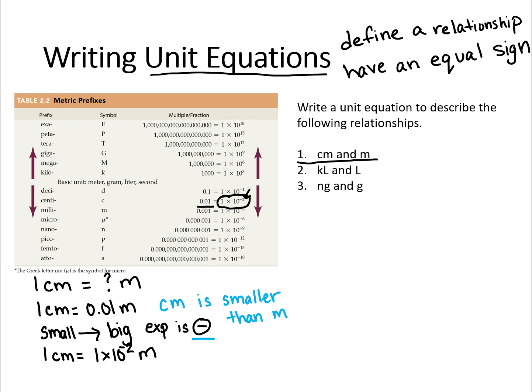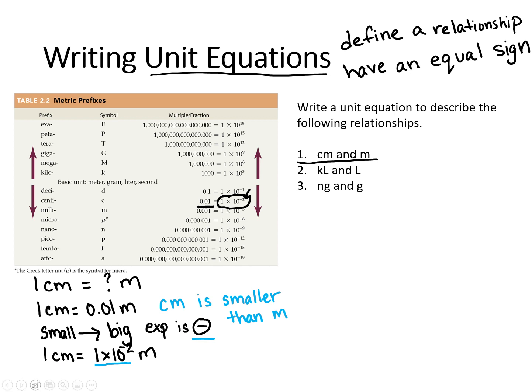It's the same thing with going from a small unit, like saying I have 1 centimeter. How many meters do I have? I'm going from 1 to a number that's less than 1 because I've got a bigger unit. So we're going to say 1 centimeter is equal to 1 times 10 to the minus 2 meters.